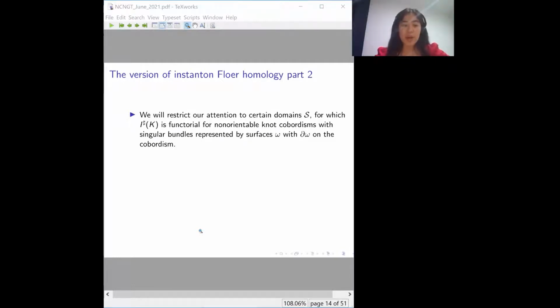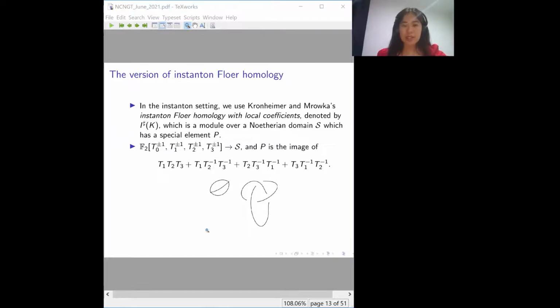Specifically, we want cobordisms with singular bundles represented by surfaces omega, such that omega could have non-trivial boundary, and this boundary sits on the cobordism. This kind of thing would happen if in S, the image of T0 is 1, where T0 is the variable that comes from the holonomy along the link.